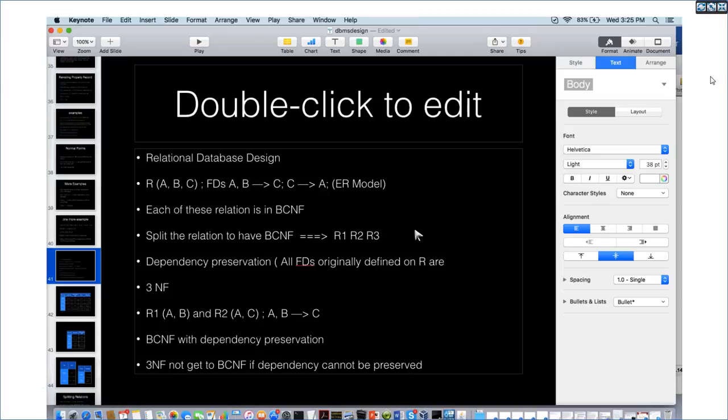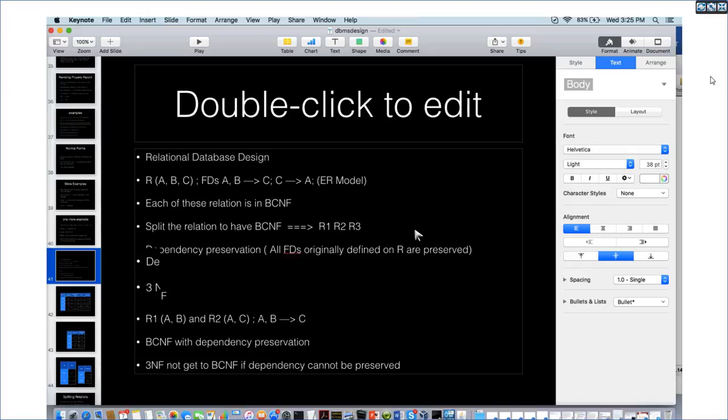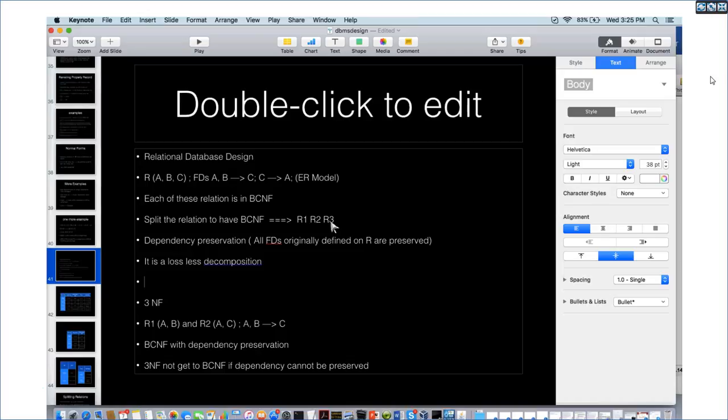The second one is that it is a lossless decomposition. That means when you are splitting this into R1, R2 and R3, the data is not lost. If you join these relations, you will get the original R back.